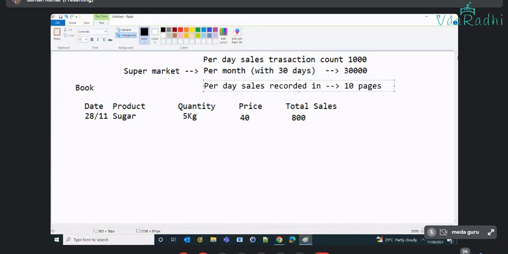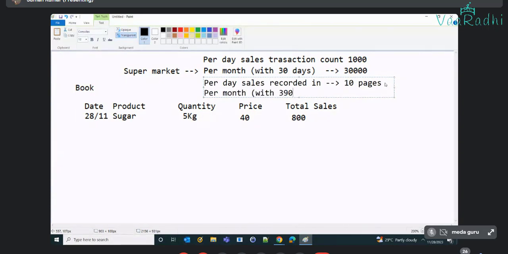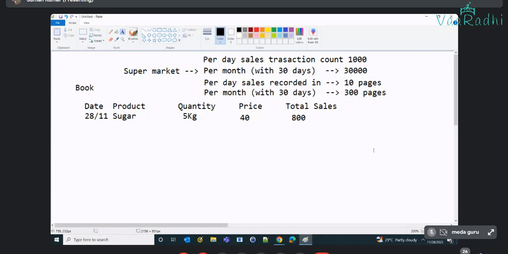Now tell me, for 30 days, how many pages do we need to use to record all the monthly transactions? 300. Okay, 300 pages per month. When I say pages, both sides.